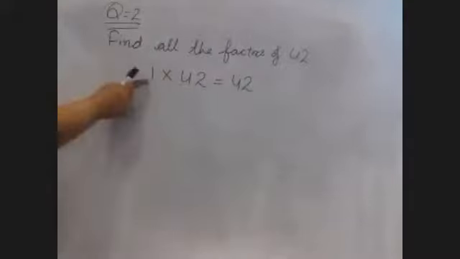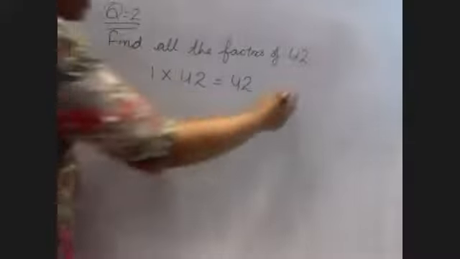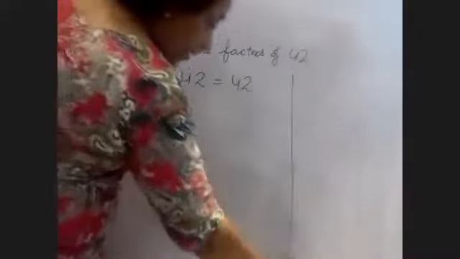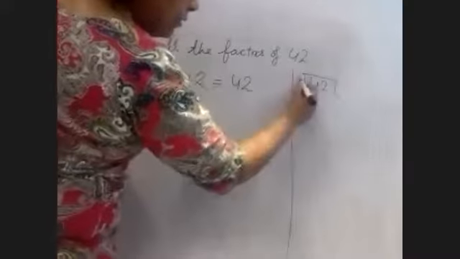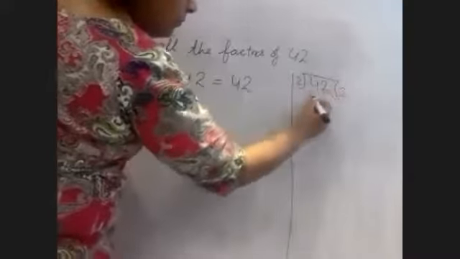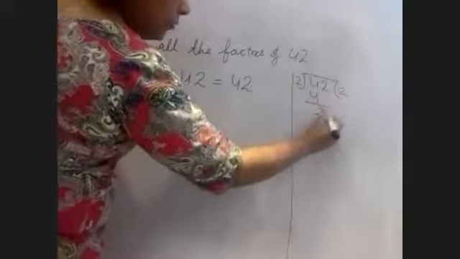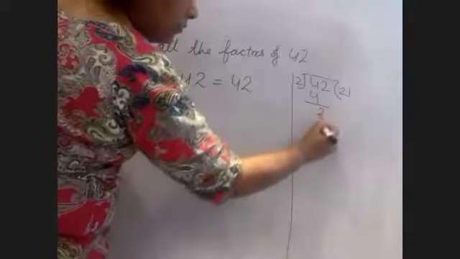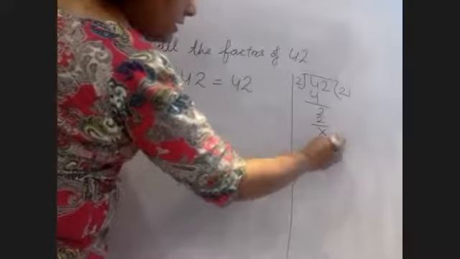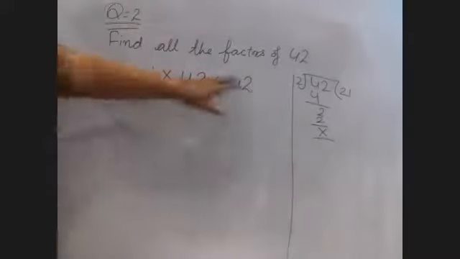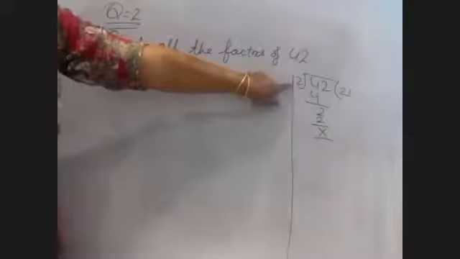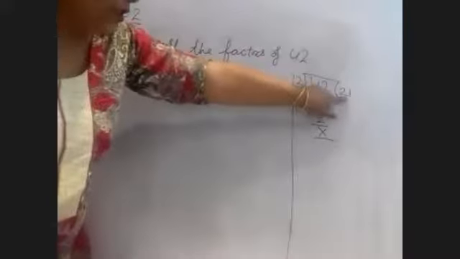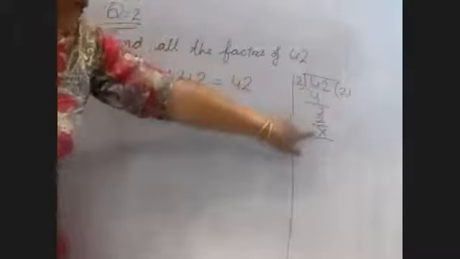Now, after 1, we have number 2. Now, on the rough side, divide 42 by 2. 2 2 are 4. Then 2, 2 1 are 2. Our remainder is 0. When we divide 42 by 2, we get quotient 21 and remainder 0.